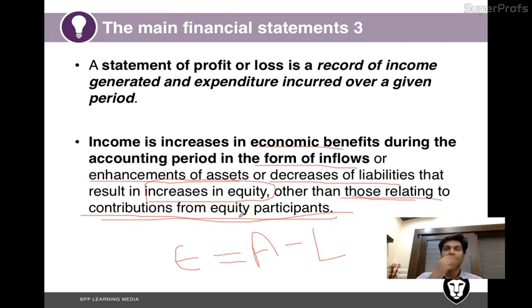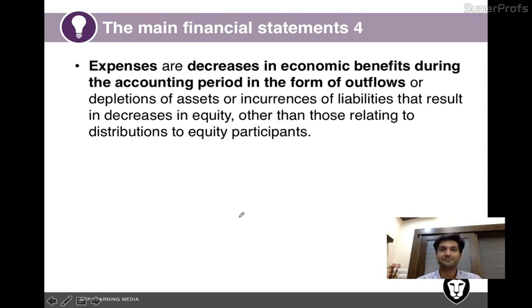Income means that a company is getting something in the form of, say, sales or profit, which increases my assets or reduces my liabilities. What are expenses? They are the opposite. Expenses are decreases in economic benefits, which could be outflow, because of which the assets will go down or the liability will go up. And if this happens, my equity will also go down.